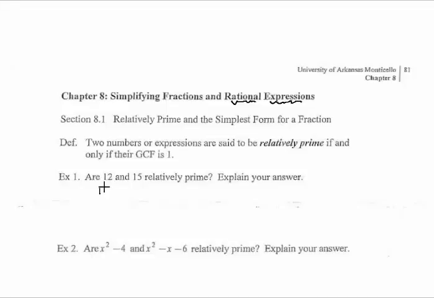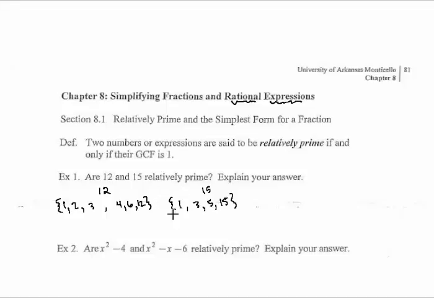If we write out the divisors of 12, we're going to get a list here: 1, 12, 2, 6, 3, and 4. And likewise, if we write out 15, then we have 1, 15, and then 3 and 5.